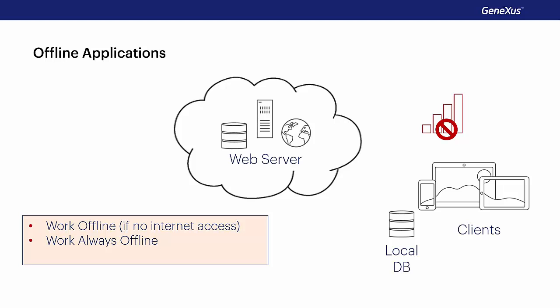Everything would be managed from the device, as the app installed on it wouldn't communicate with the server. The third case is when we want the device to be able to receive the changes made on the centralized database, but then never to send its own changes, which will be saved in the local database. These applications that can work without an internet connection are called offline applications.